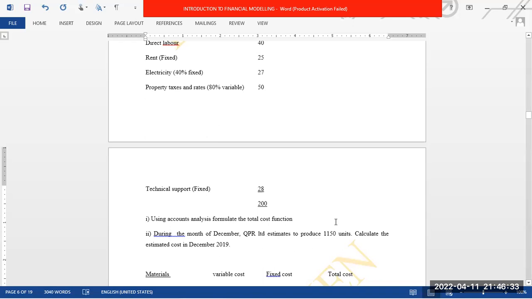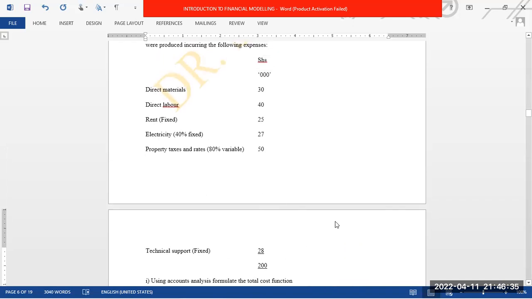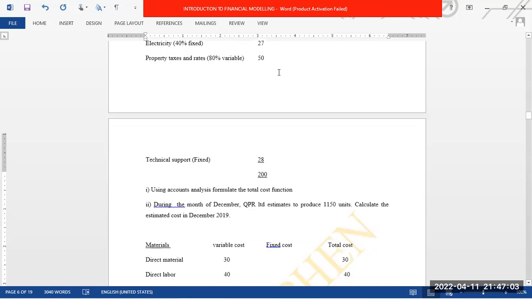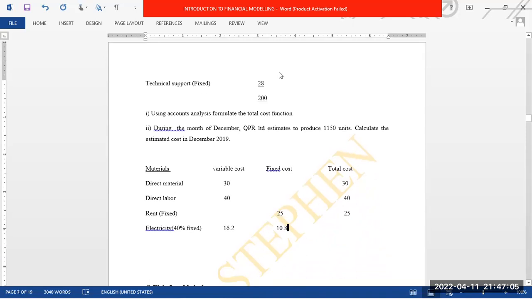electricity in bracket 40% fixed, and we have the total cost in shillings, 27,000. So if you take 40% of that, 0.4 times 27,000, you're supposed to get 10,800, and that is what we have written here as 10.8.